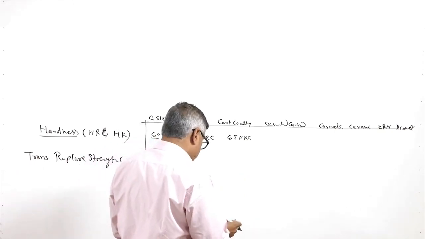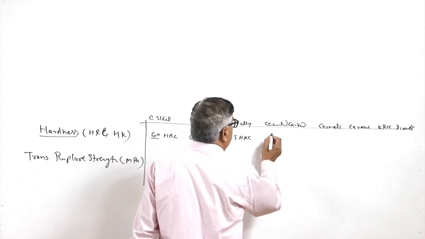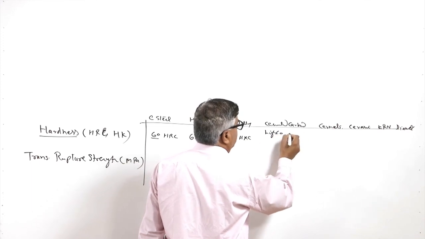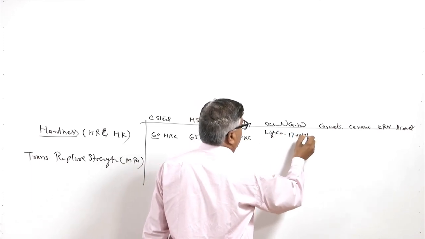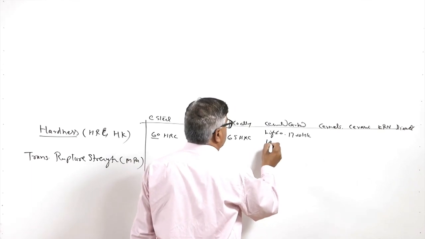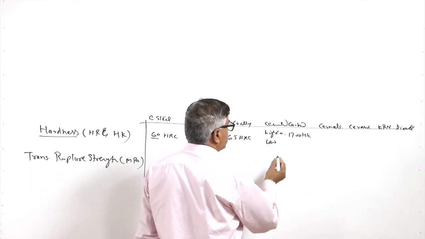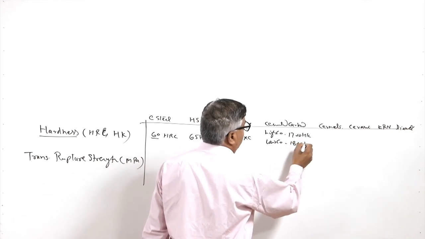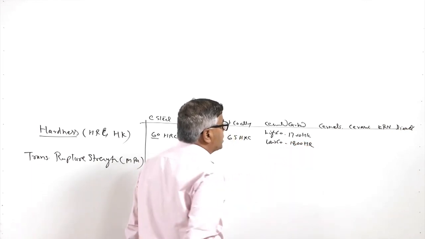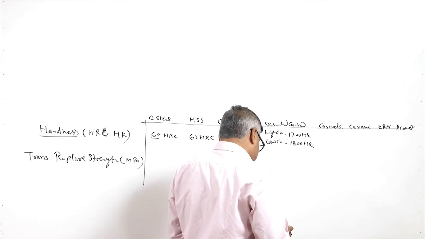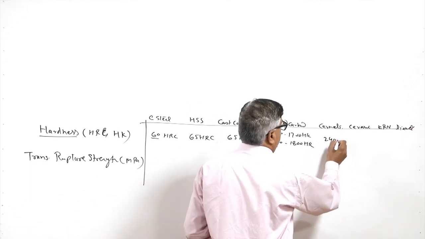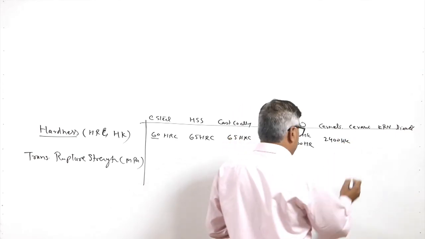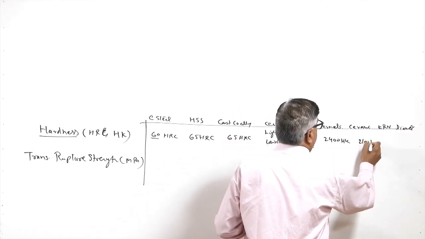For cemented carbides, depending upon the cobalt content, for high cobalt content the hardness is 1700 HK, that is Knoop hardness. Since cobalt is a low hardness material, when the cobalt is low, we get somewhat higher hardness of 1800 HK. Then we have the cermets. Cermets offer the hardness of 2400 HK. Ceramics, 2100 HK.